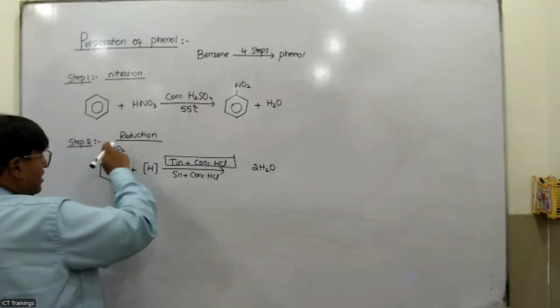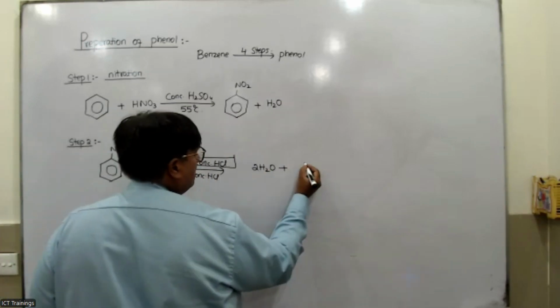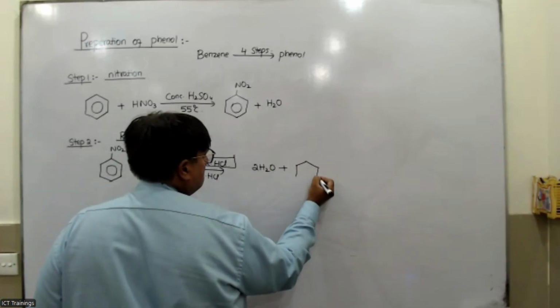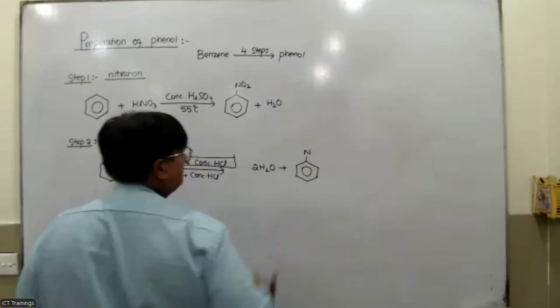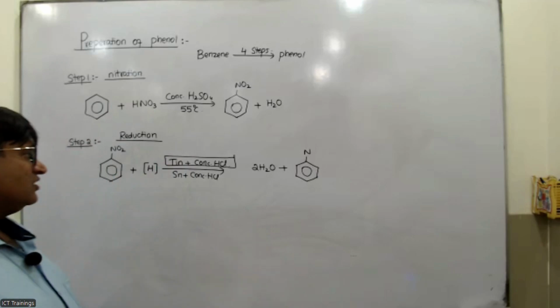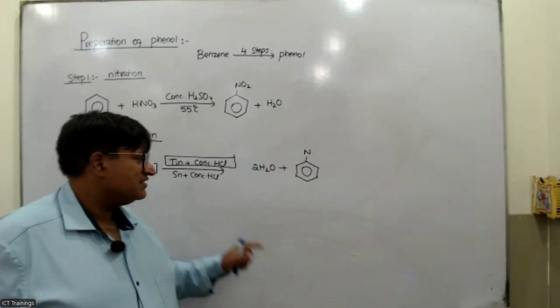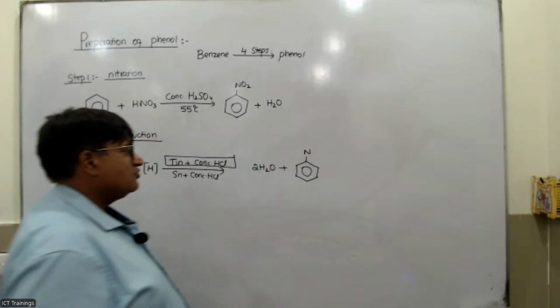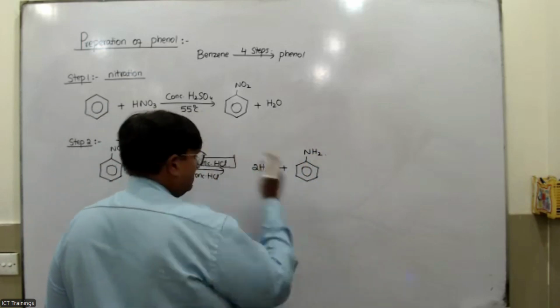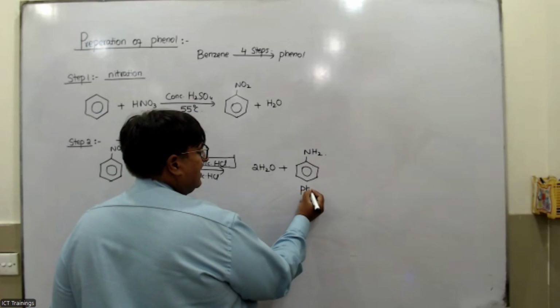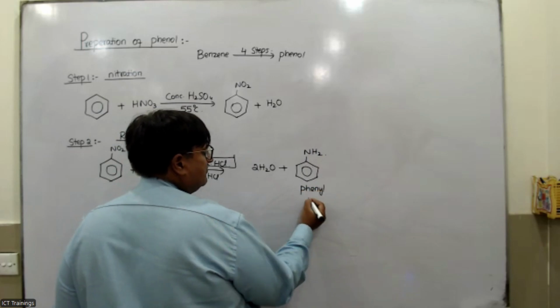Now this nitrogen would become alone. If you look up here, this is the nitrogen now. With this nitrogen, the hydrogens would be attached, so it would become NH2. This thing formed is the phenylamine.